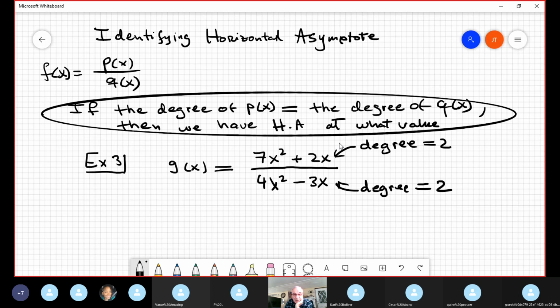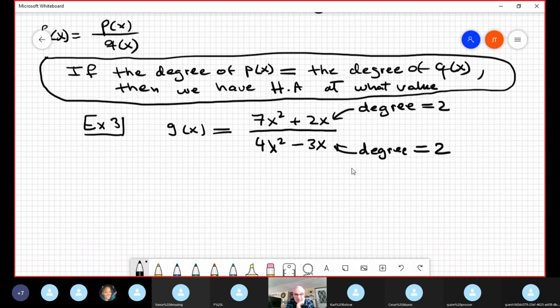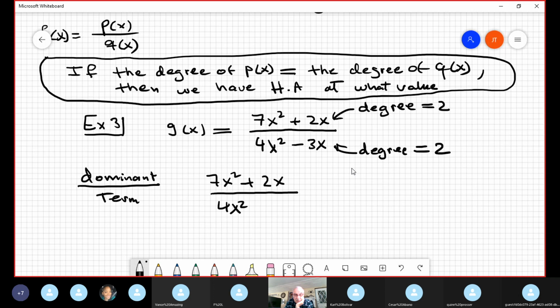The rest of the problem is, what value? Look, you try to understand the new idea, the dominant term. What is the dominant term? Well, let me copy again my original problem, where the supposition is x is a huge number, positive or negative, million, trillion.